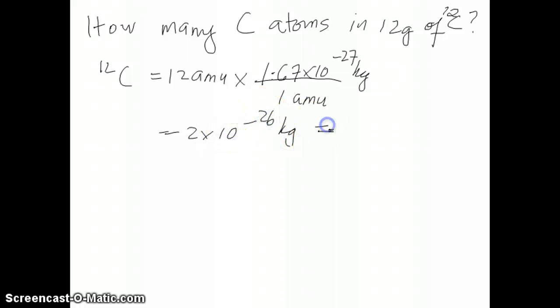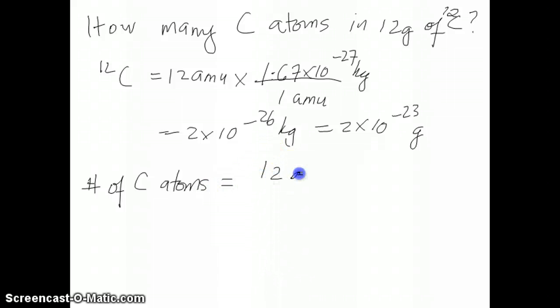Or if you convert this to gram, you just use the appropriate conversion factor, and you should get 10 to the minus 23 grams. The reason I want to convert it to grams is because I was given 12 grams of the material, so I wanted to have the same units. Then to get the number of carbon atoms, I just need to divide the total mass, which is 12 grams, by the mass of each atom.